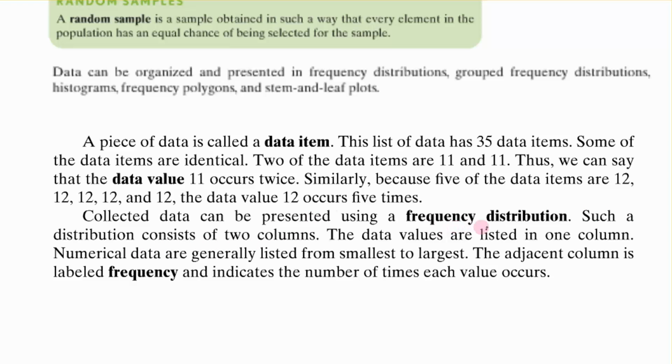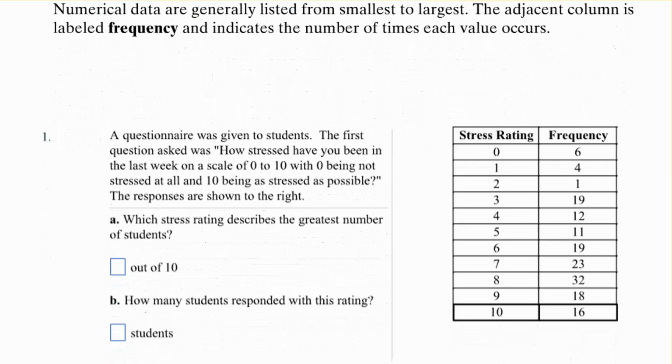The data values are listed in one column. The numerical data are generally listed from smallest to largest. The adjacent, the next door neighbor column, is labeled frequency and indicates the number of times each value occurs. Let's take a look at our first question, which shows a frequency distribution.